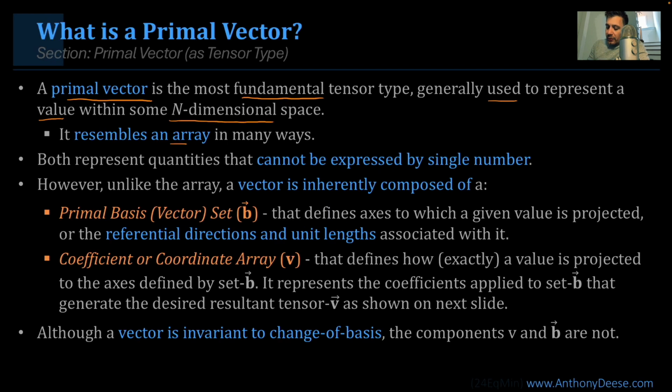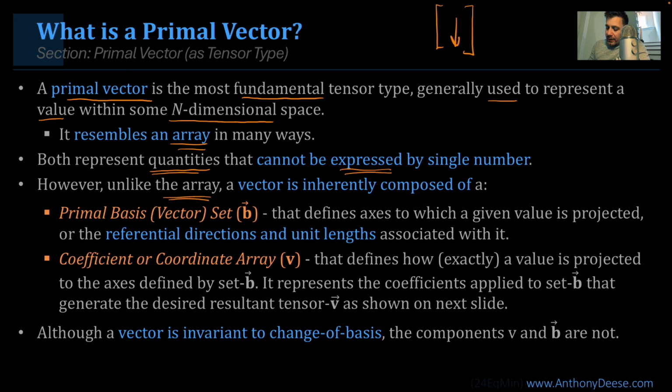It does resemble an array in many ways. The main way it does so is the fact that it only has values along a single column. Now, both an array and a primal vector represent quantities that cannot be expressed by a single number.